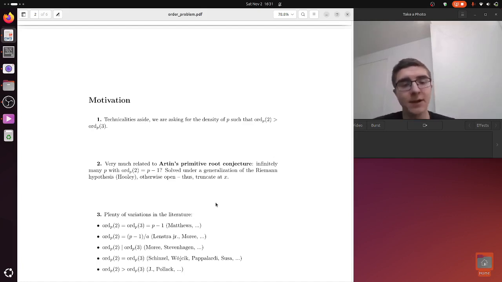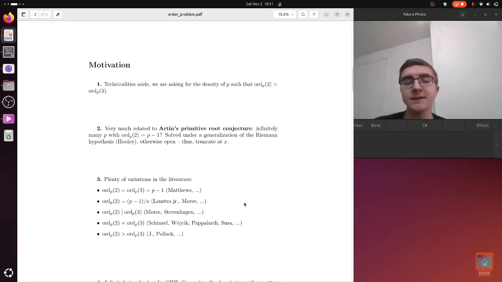This conjecture has been solved under a generalization of the Riemann hypothesis by Christopher Hooley, but is unconditionally still open. For technical reasons related to this, we truncate at x in the problem statement so that one can solve the problem unconditionally.